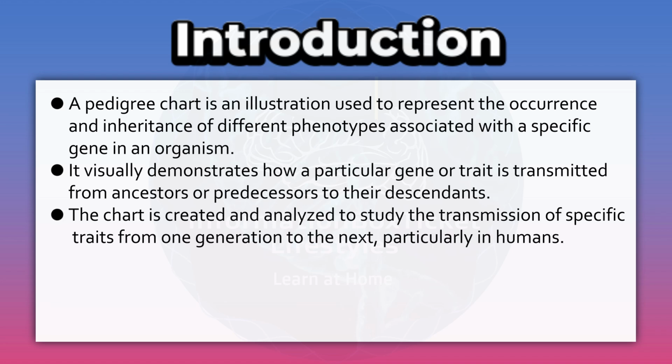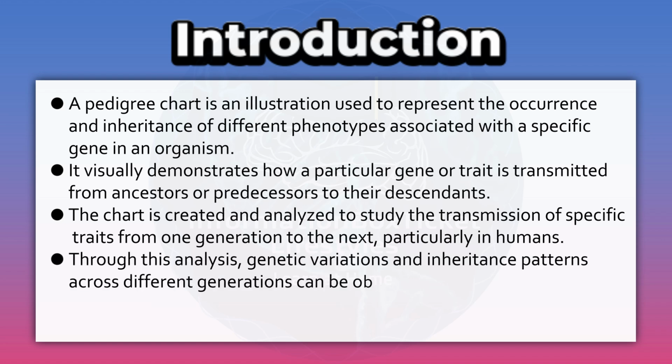The chart is created and analyzed to study the transmission of specific traits from one generation to the next, particularly in humans. Through this analysis, genetic variations and inheritance patterns across different generations can be observed and understood. A pedigree chart is also commonly referred to as a family tree.